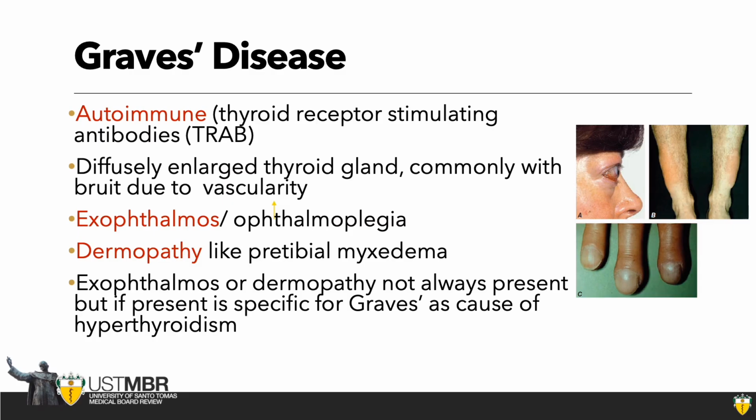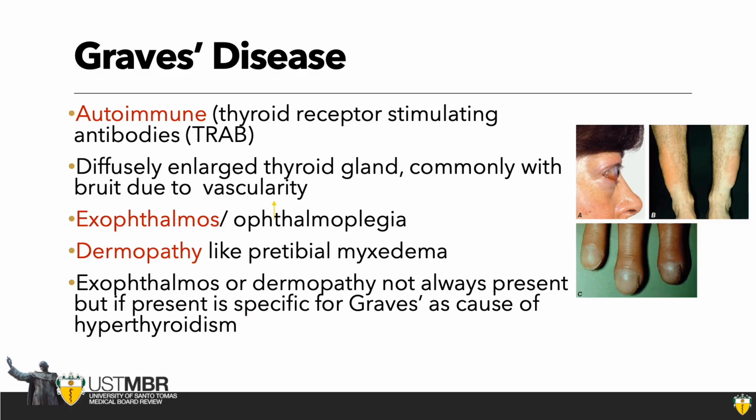And you have a diffusely enlarged thyroid because every single thyroid follicular cell has a TSH receptor. The autoantibody TRAb mimics the action of TSH, so the TSH receptor thinks that it's TSH attaching to it, when in fact it's the autoimmune antibody stimulating it.